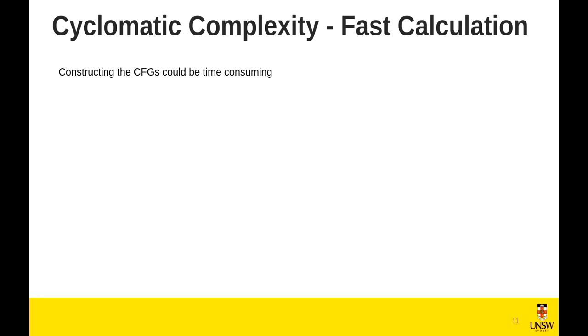We don't really want to construct a control flow graph for a very complex program just to calculate the software complexity, and that is extremely time consuming. Because we know which factors are affecting the cyclomatic complexity, can we just use these factors to quickly calculate cyclomatic complexity here?